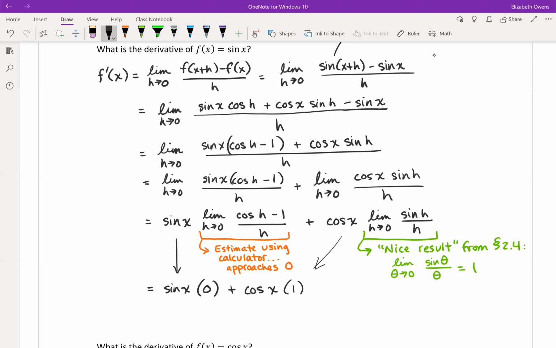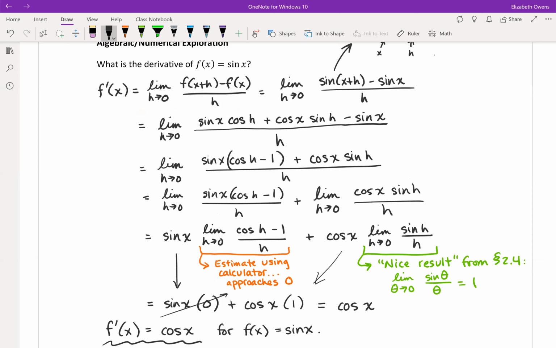That is going to just equal cosine x. So f prime of x equals cosine x for the original function f of x equals sine x. And so that is now confirmed as our derivative of the sine function.